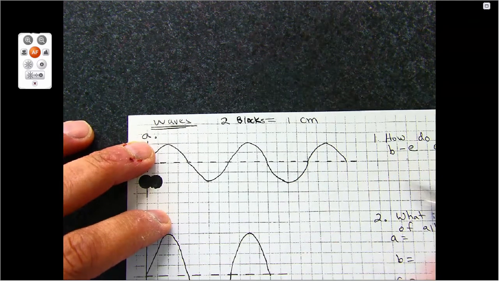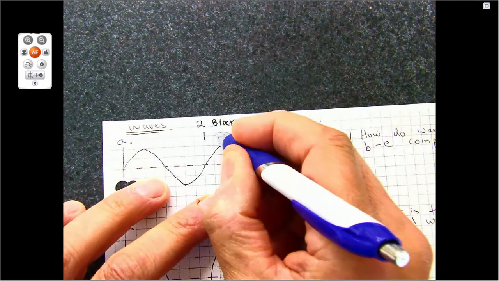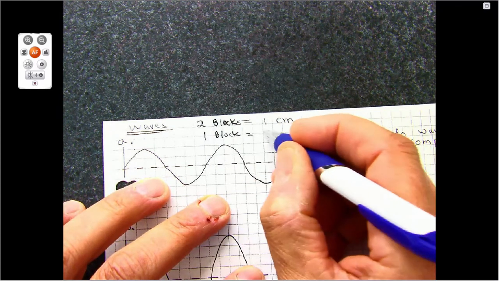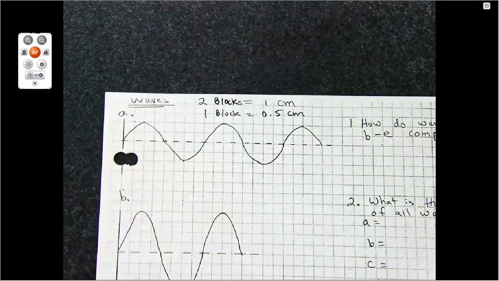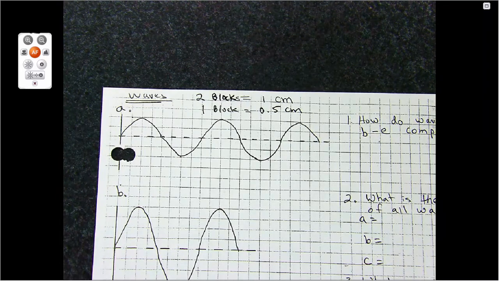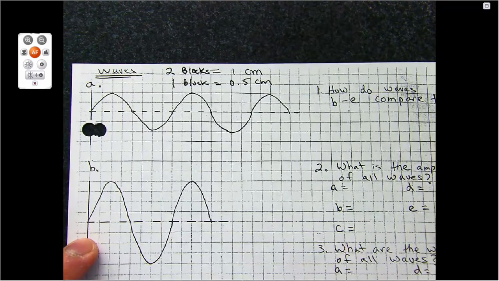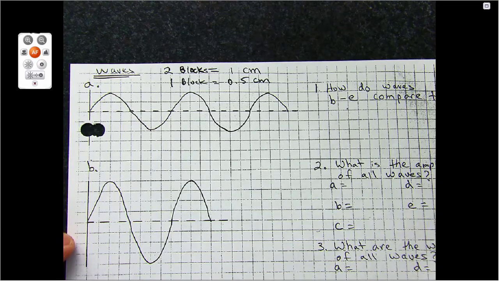So if 2 blocks is 1 centimeter, then obviously 1 block would be half a centimeter, right? So I have 1, 2, 3, 4, 5 waves.